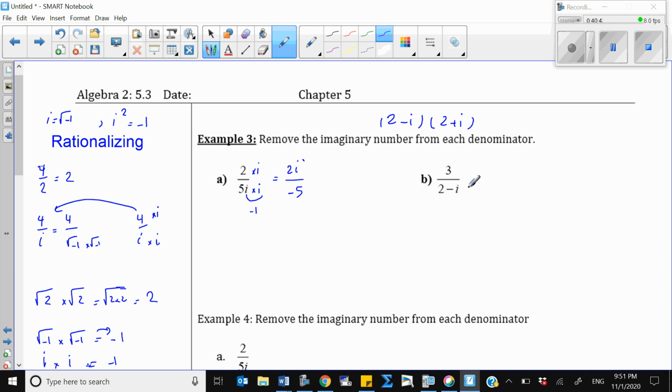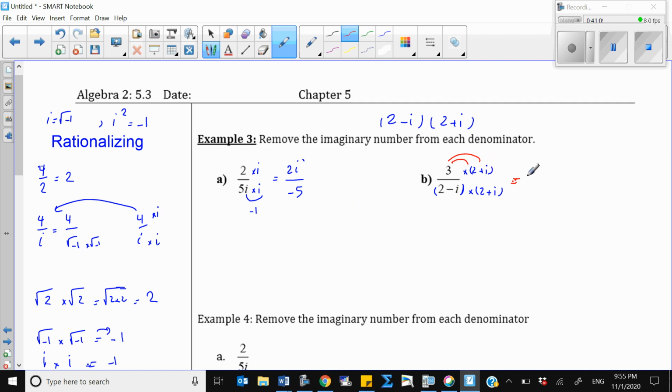Okay, so I multiply both top and bottom by the conjugate, 2 plus i. To multiply the top by 2 plus i, 3 times 2 plus i, I can simply distribute the 3.